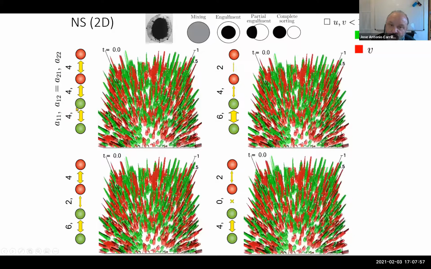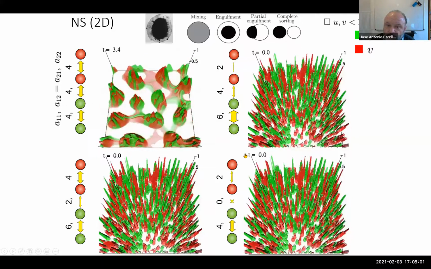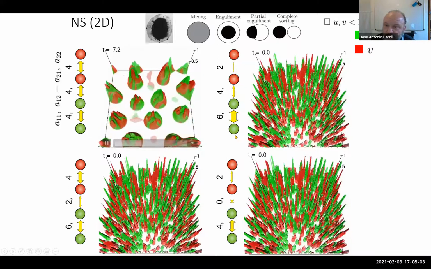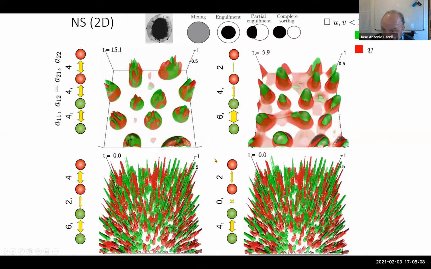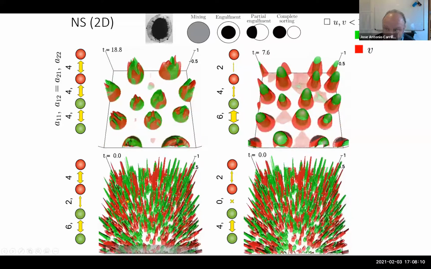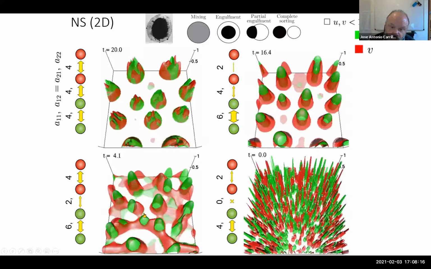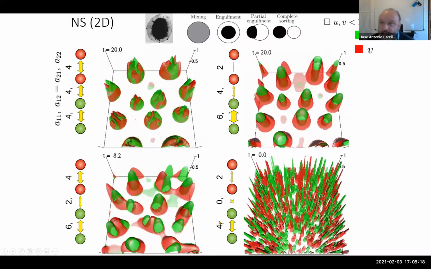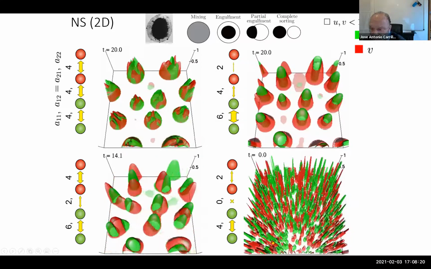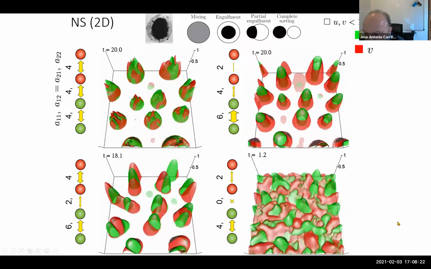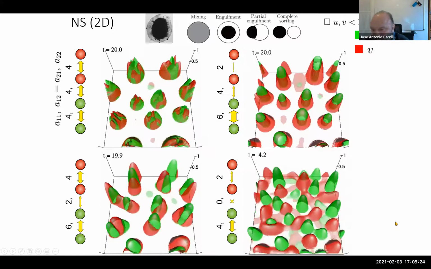In this case, all the forces are equal. Here you have different strengths, and then you see this kind of mixing that I mentioned. You just change the strengths, you get to this case of engulfment, then to partial engulfment, and finally to complete segregation.